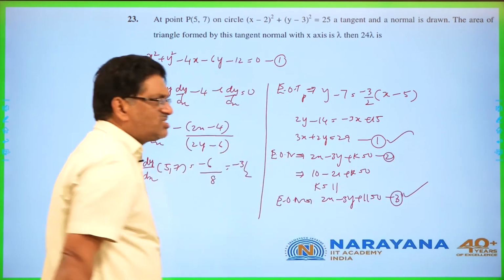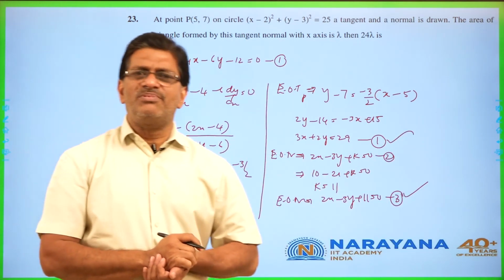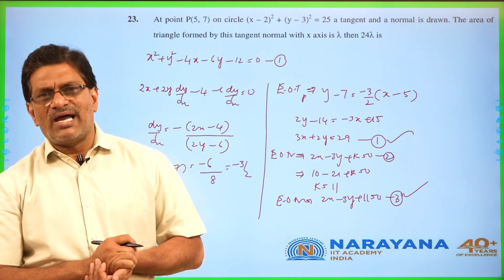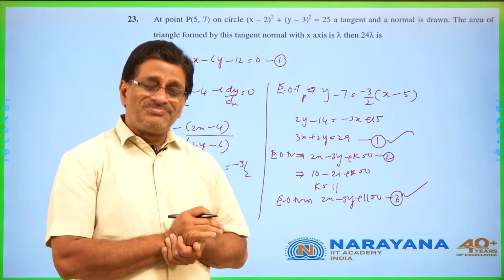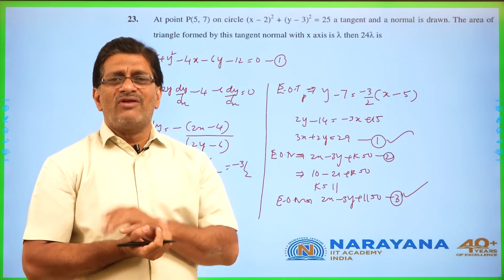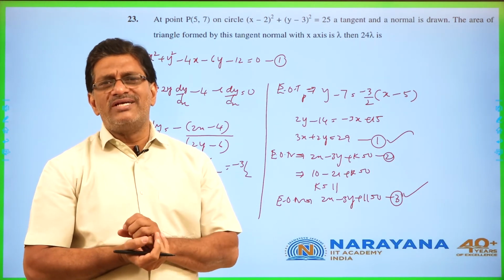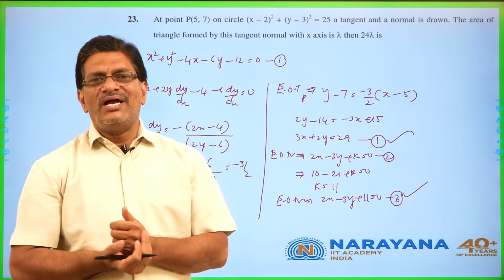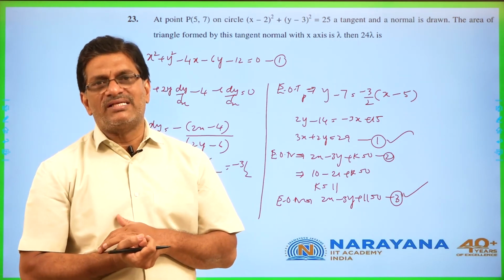Convert these equations into intercept form and collect the x-intercepts. Then for the area of the triangle, it is a right angle triangle: the distance between the x-coordinates of the tangent and normal is the base, and the height you can find where it meets the x-axis.